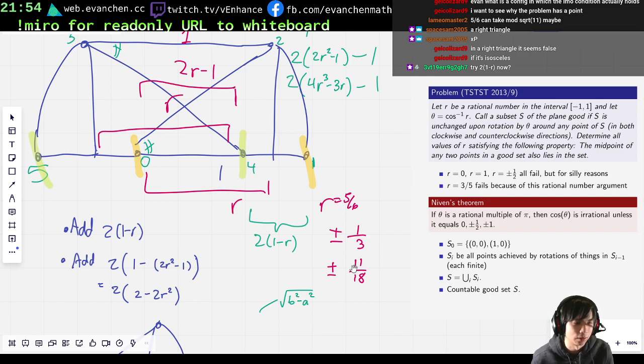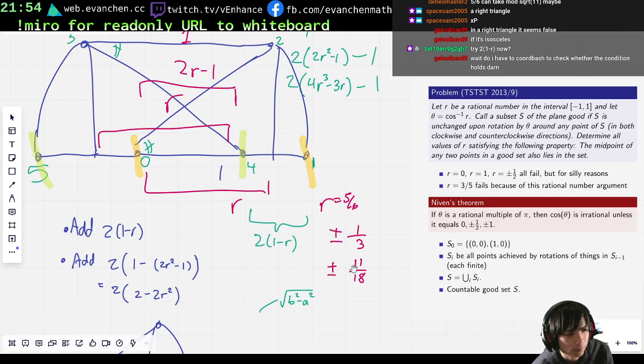Well, I got like plus minus 1/3, but I also got plus minus 11/18. So, the heck? Okay, if I have plus minus 11/18ths, then I can get plus minus 5/6. No, this should work. Right? Am I an insane person? Plus minus 11/6. 11/6 and 1/3.